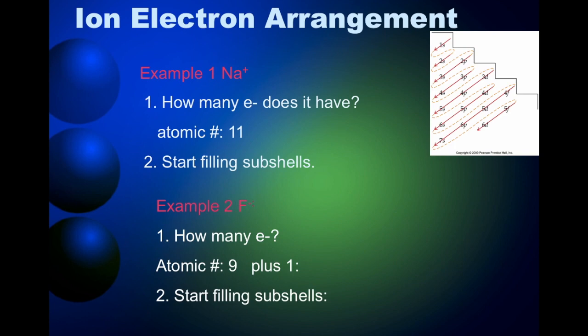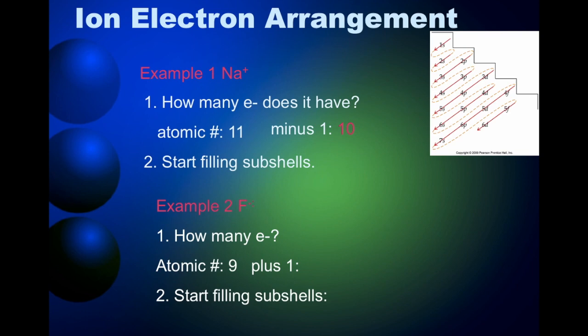Sometimes the 1 is written and sometimes it's just assumed. So how many electrons does Na+ have? The atomic number of sodium is 11, and if we have Na+, it loses 1 electron, so it's got 10 electrons.